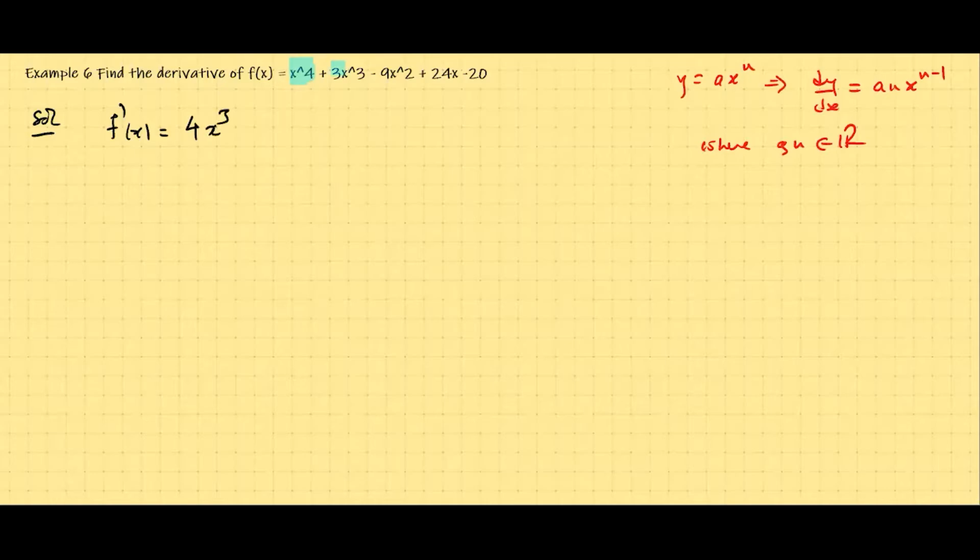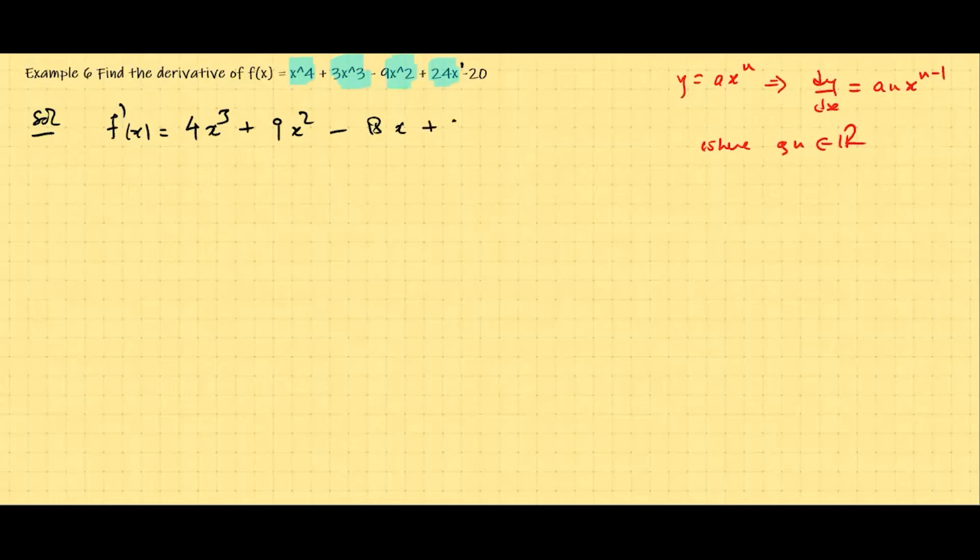And then the second term differentiates to give me, well, 3 times 3 is 9. So it's going to be 9x squared. The third part, well, I've got minus 9 times 2, which is minus 18. And we're going to have to subtract 1 from the power, so I'm just going to get x to the power 1. The next term is just 24x, but of course 24x is 24x to the 1 because the power there is 1.